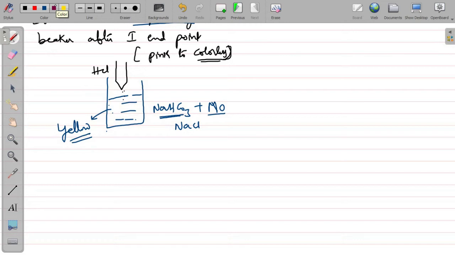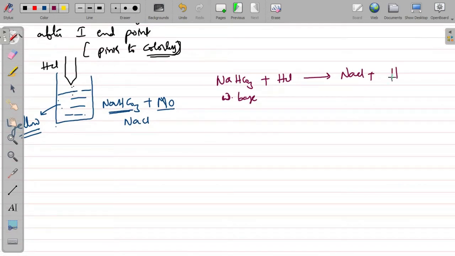Now, if you add HCl into the solution, what will react? NaHCO3, which is a weak base, reacts with acid to form NaCl and H2CO3. H2CO3 is a less stable compound, therefore it decomposes into H2O and CO2. So you will see effervescence in the reaction process.